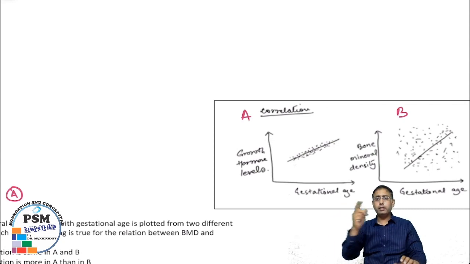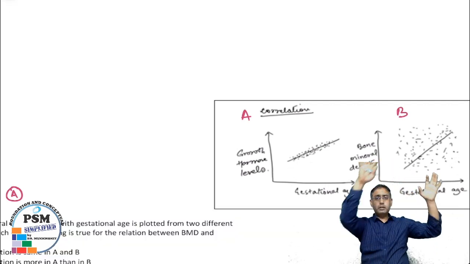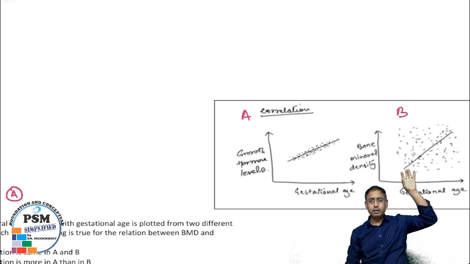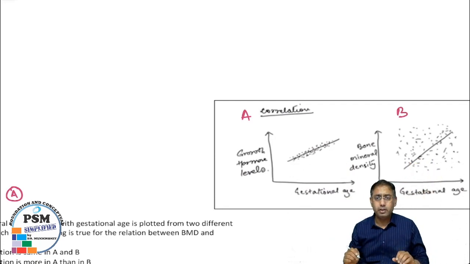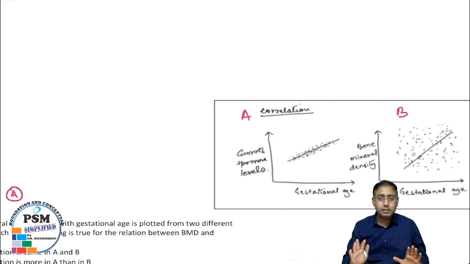But if you look at the other curve, the values are sparsely placed, as you can see here. Somewhere you'll have the values, somewhere on the other side. These are scattered values. They are not very nicely correlated. This type of correlation is non-significant.